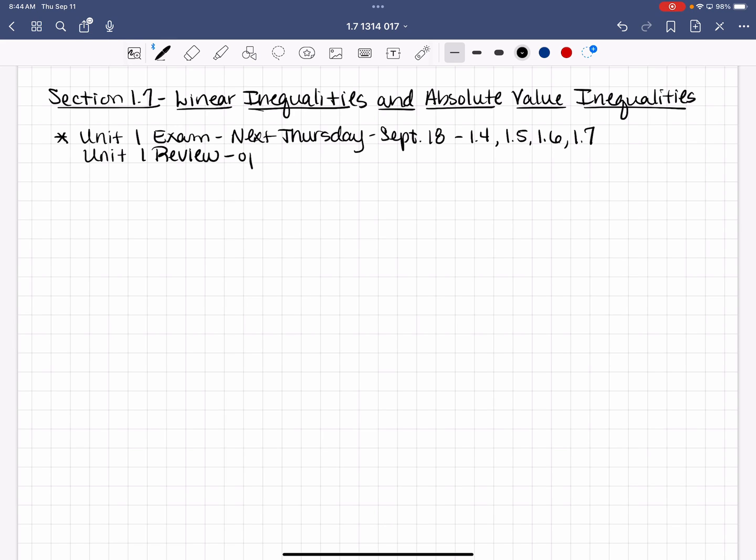It is optional. I will leave it open until test date, so when you look at it right now, it may say the 16th and not the 18th, but I'll leave it open to the test. If not for the entire semester, I may leave it open the entire semester.